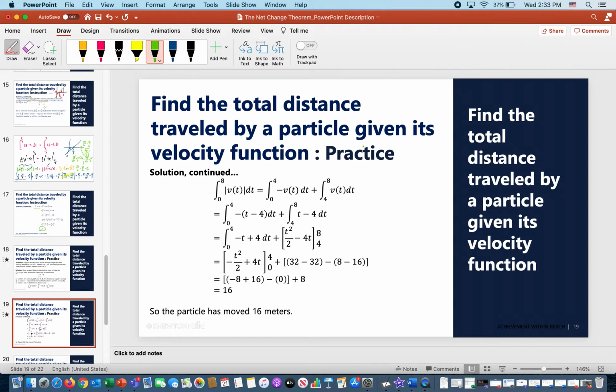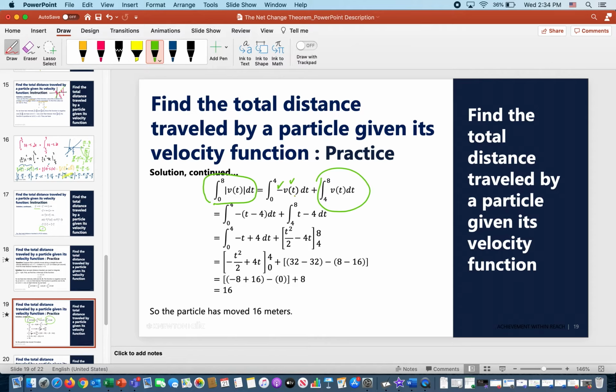So what happens is right here, Newton, the publisher, is saying this integral is equal to the opposite of the part that's under the x-axis plus the part that's above the x-axis.